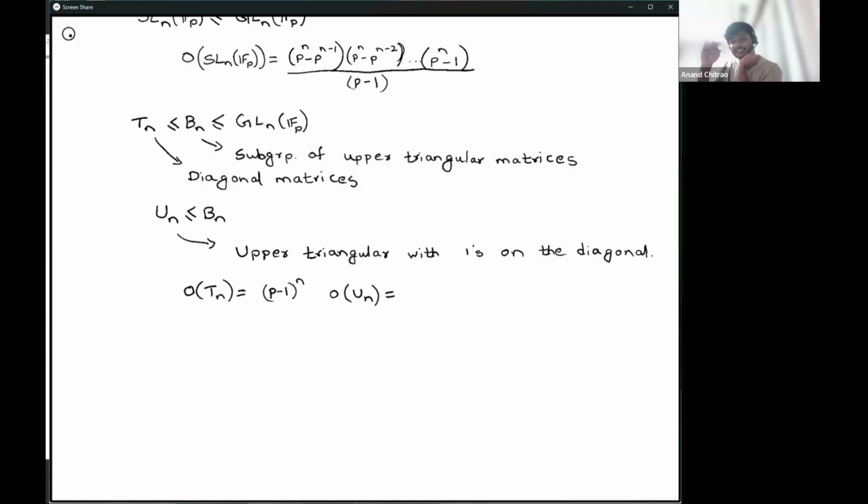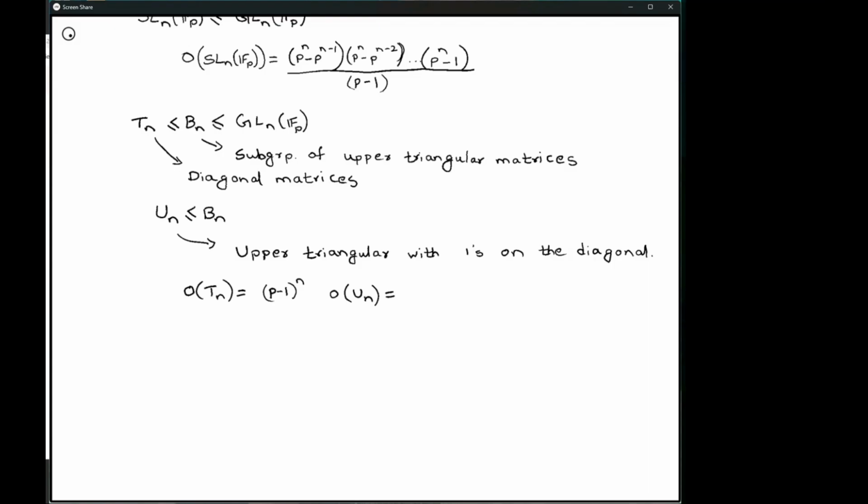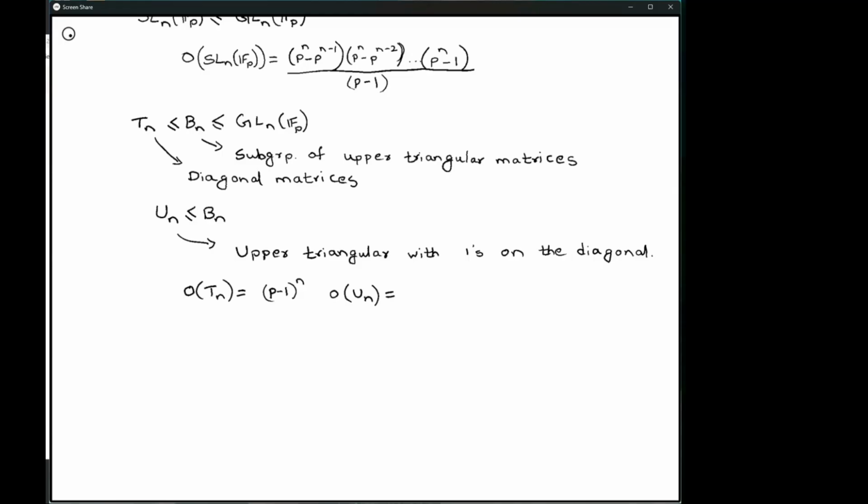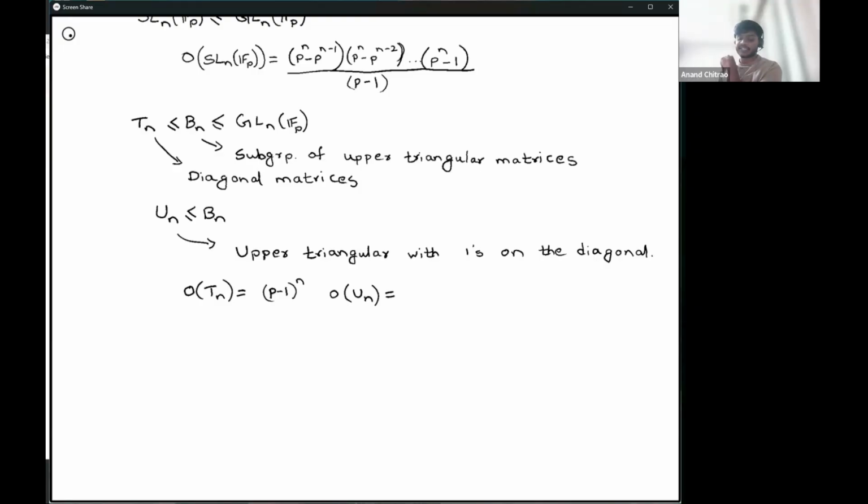How many places are there above the diagonal? n times n minus 1 by 2. And all of those have how many choices? Not p minus 1, p choices now. Here, any element of Fp will work.